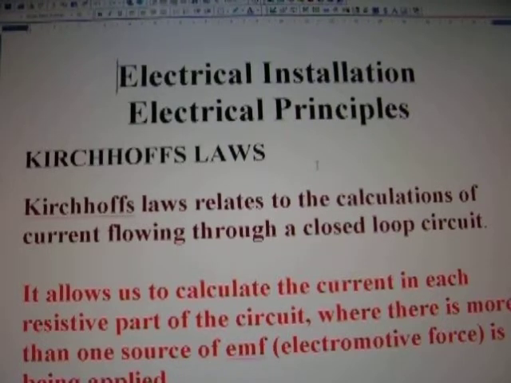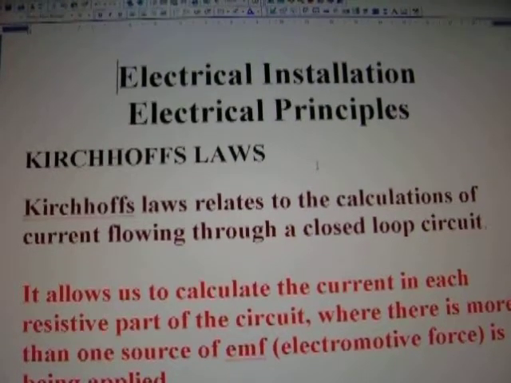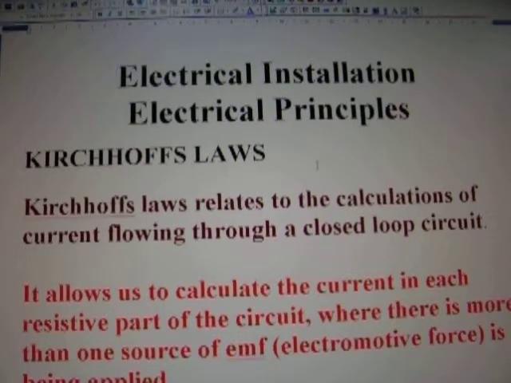Hello again, welcome back. What we want to do today is to look at Kirchhoff's laws, and what I'm hoping to do is to show you how Kirchhoff's laws can be interpreted and how to go about solving circuits or calculations which involve Kirchhoff's.